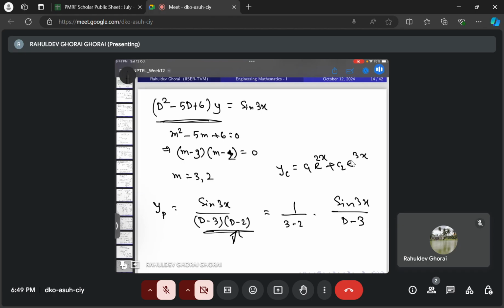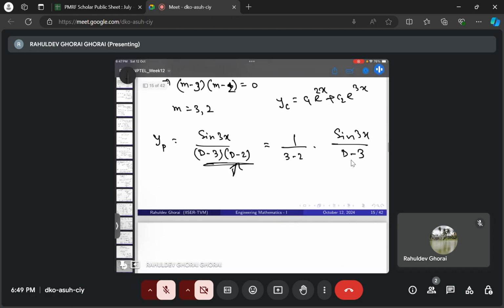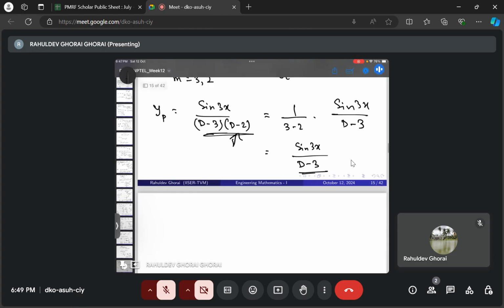But if you do this, how to handle that again? So it will be sine 3x over d minus 3. So you make d minus 3, but you don't know the rule for this type of thing. You know it for d square, right? So that's why we make it d plus 3 times sine 3x over d plus 3 times d minus 3.